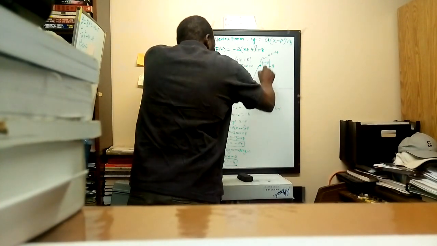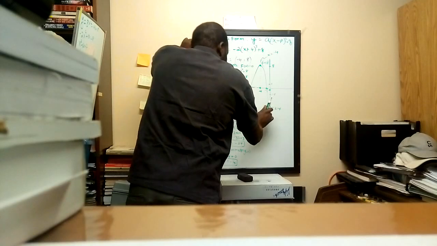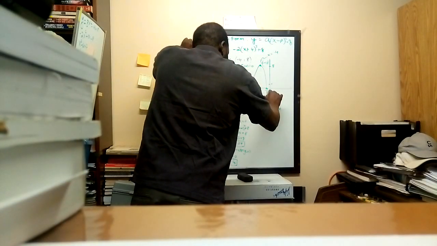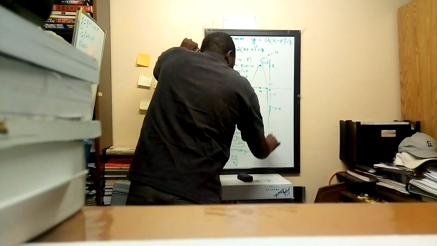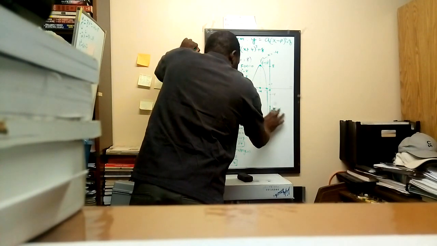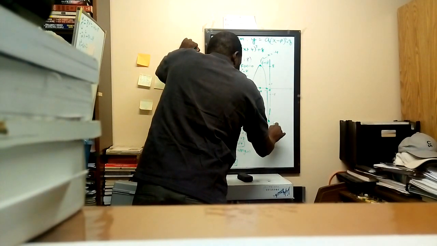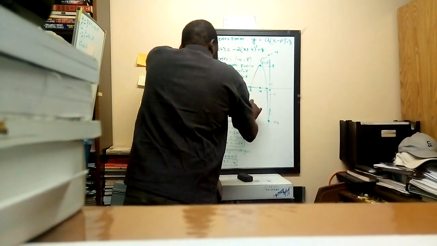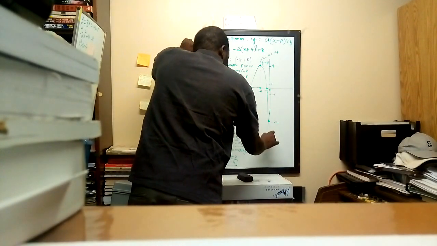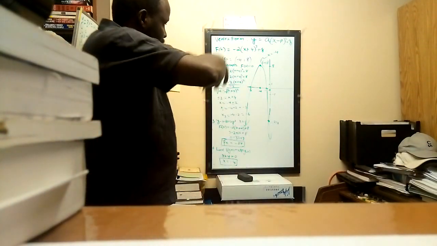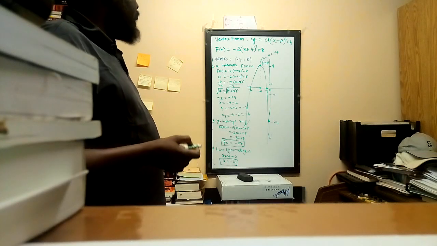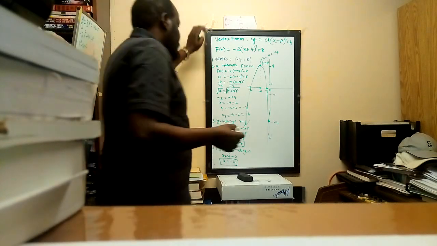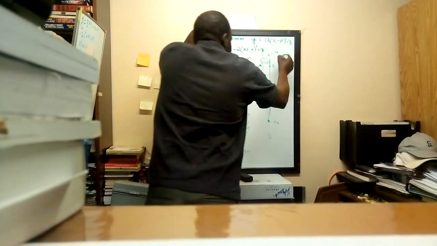Then we draw our parabola until it crosses there at negative 24. That's the y-intercept.